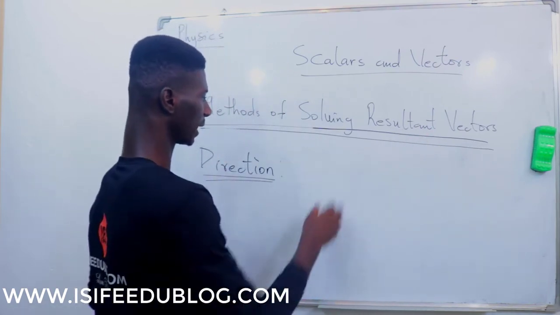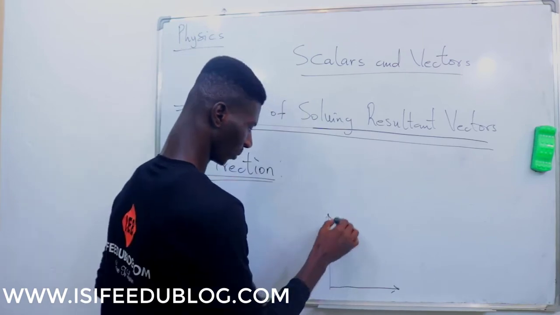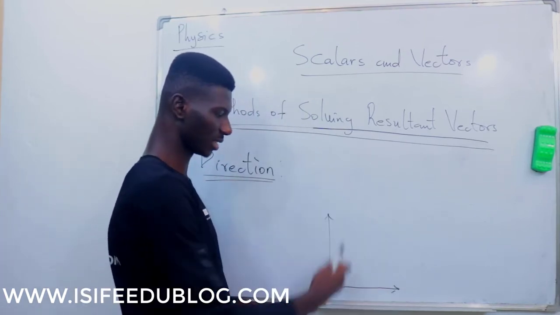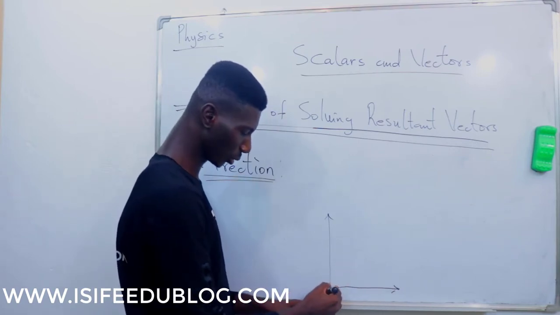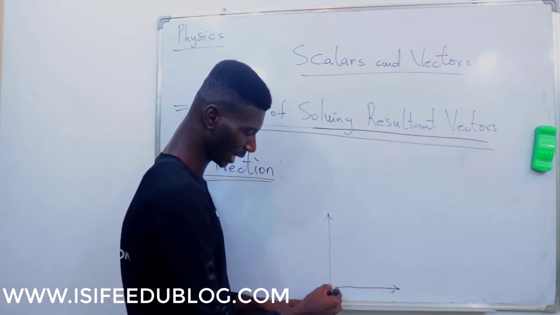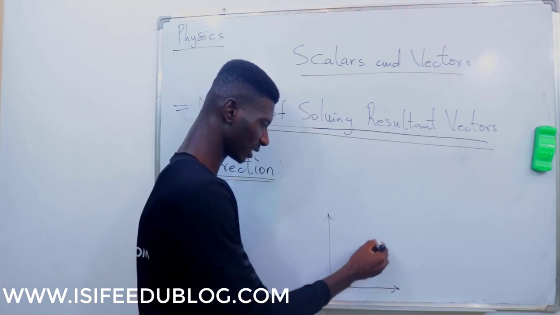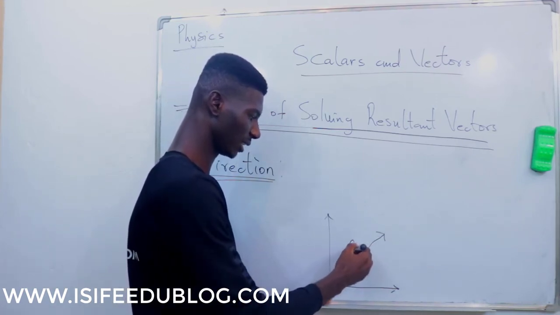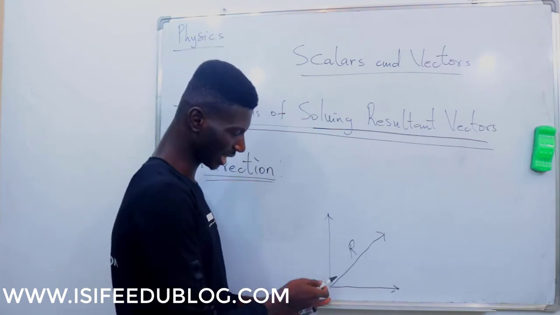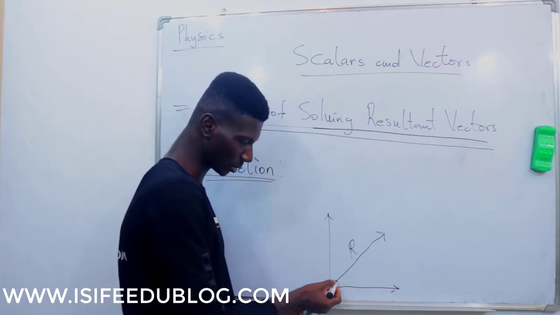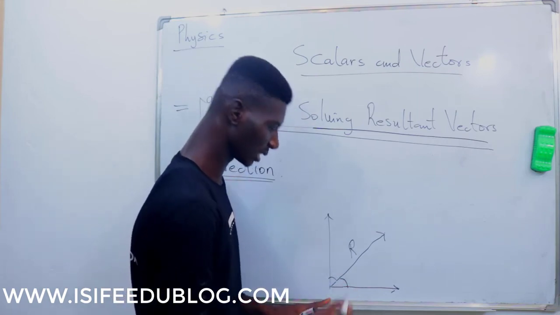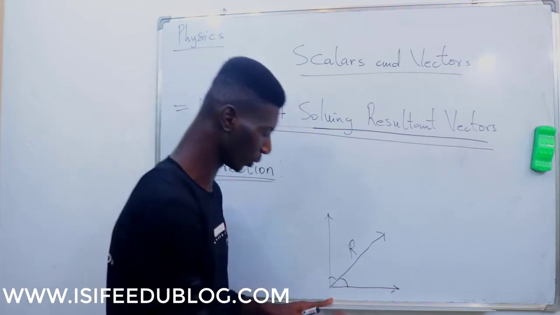So look at what I mean by that. Now we have two axes. This is the horizontal axis. This is the vertical axis. If I draw a single force that will have the same effect this way, this is called the resultant. This is the angle the resultant makes with the vertical, while this is the angle the resultant makes with the horizontal.